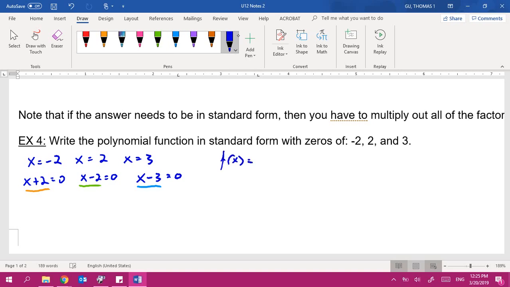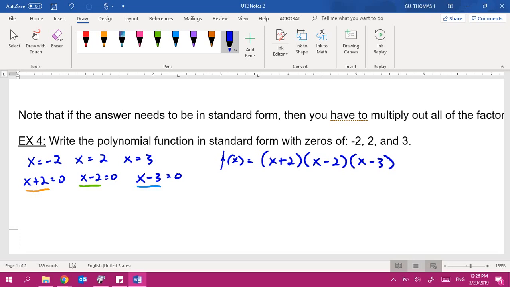F of x equals x plus 2... Right, there we go. Okay, so that's not what the question's asking for, is it? Because the question asks for standard form. That's factored form. So now what I have to do is multiply all those factors together to get the standard form. So how do we do that?